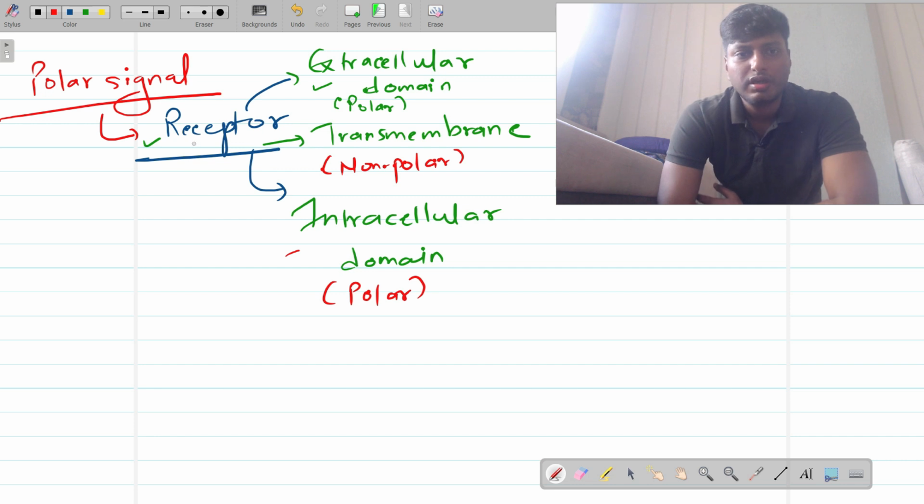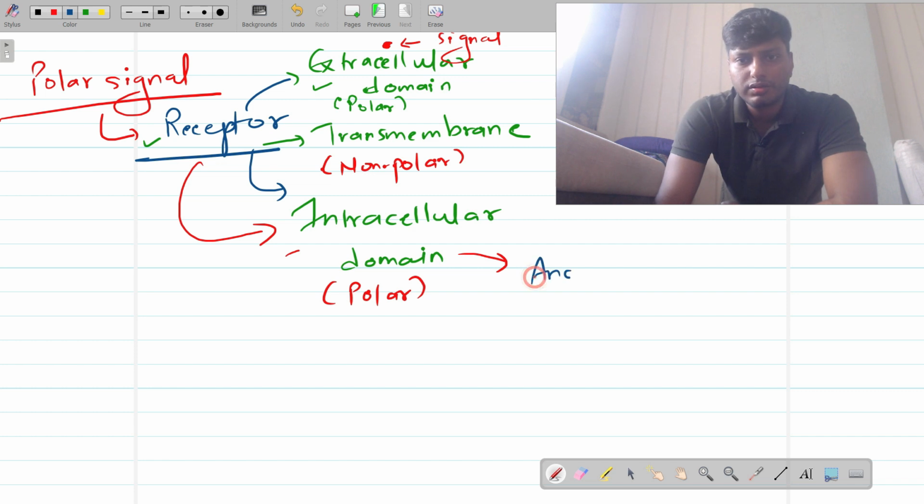That means, in many cases, once the extracellular domain binds to a particular signal, this will result in the activation of the intracellular domain. This intracellular domain is most often associated with another effector protein molecule.